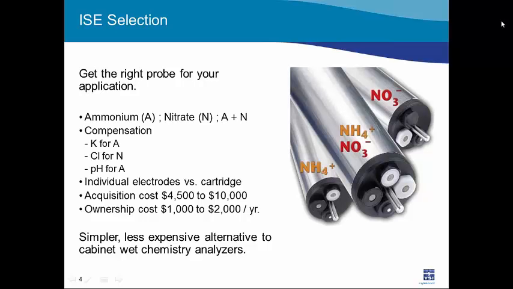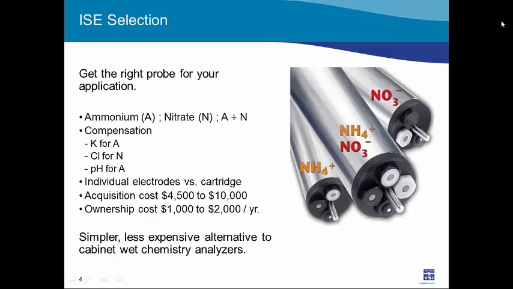Ownership cost then also varies, and this is just kind of an annualized amount. It isn't necessarily that you'll be spending exactly this amount each year, but on average, you can expect to spend $1,000 to $2,000 per year for electrodes, and that is the main ownership cost, not including labor involved with maintenance and such.